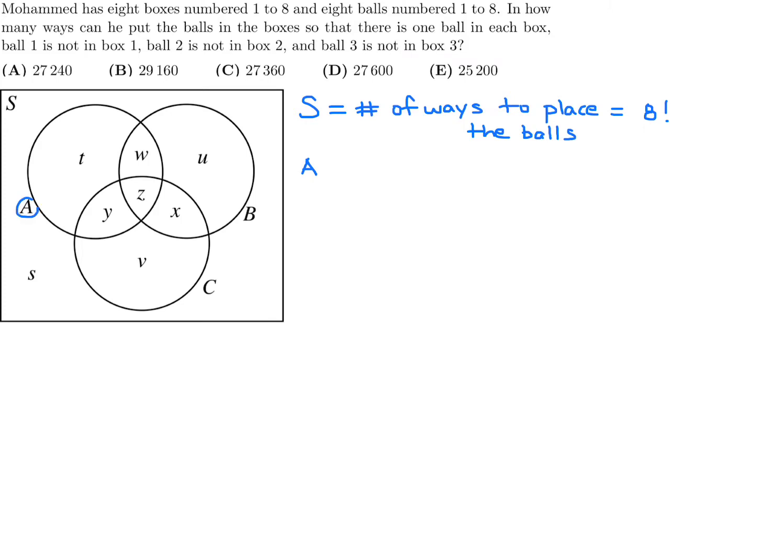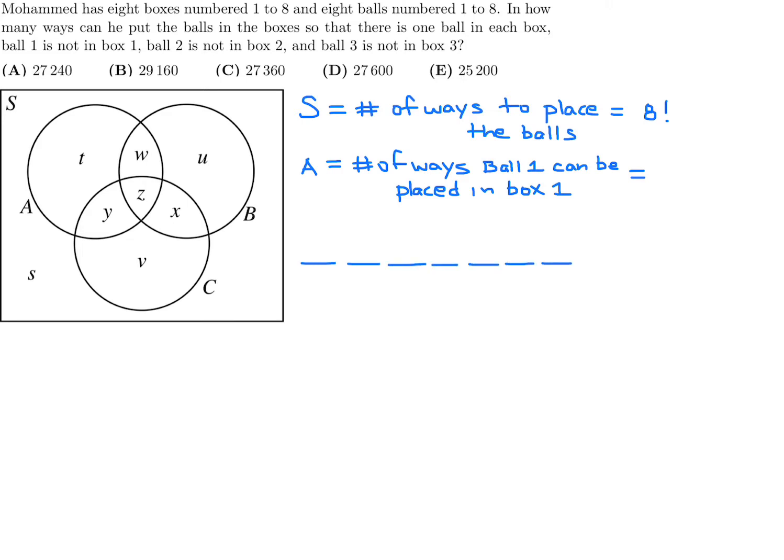Okay, so now let's talk about each of these letters here. A, this guy right here, which really talks about that circle. That circle is referring to the number of ways that ball 1 can be placed in box 1. So we need to talk about this. I can't just give you the answer without explaining it. The number of ways that ball 1 can be placed in box 1, well, if this is the first box right here, I'll put ball 1 there.